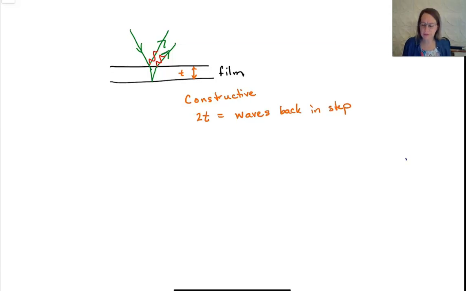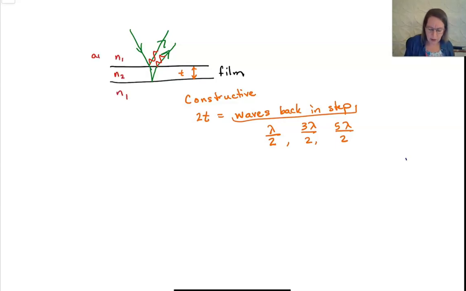And it turns out, instead of this being one wavelength, it can be a factor of half a wavelength, 3/2 of a wavelength, 5/2 of a wavelength, because when we go from an index of refraction, so if this is like air, water, soap, like a soap bubble, and air again, when we go from air to like water, then we actually have a phase change.